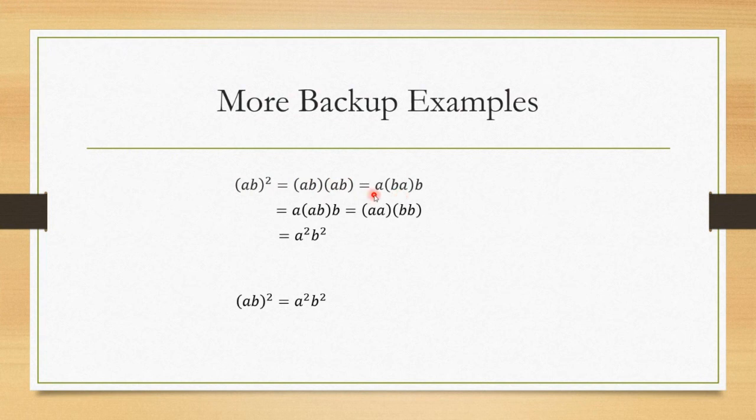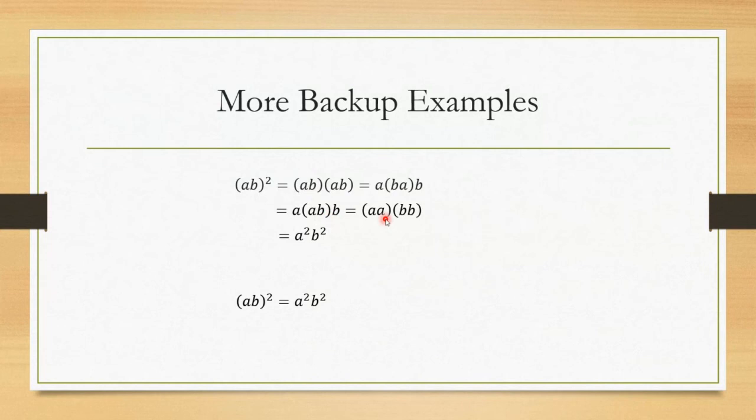So we have a times ba times b. Right? So in other words, I'm grouping b times a. I'm doing this first. By associativity, I can do that. But since in multiplication you can multiply in any order you want, from here we get a times b. BA and AB are the same. So we have this.